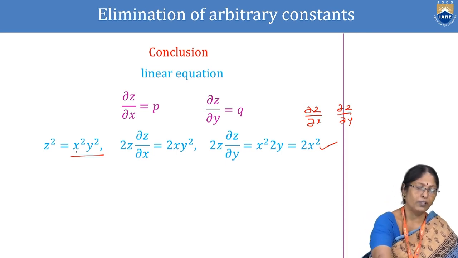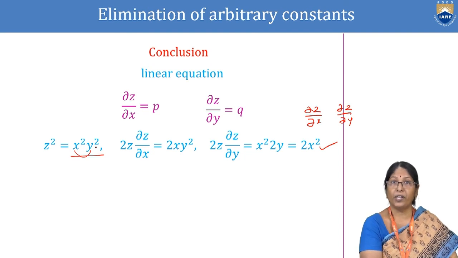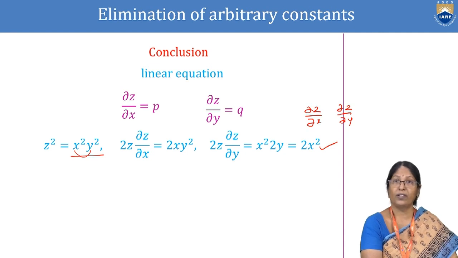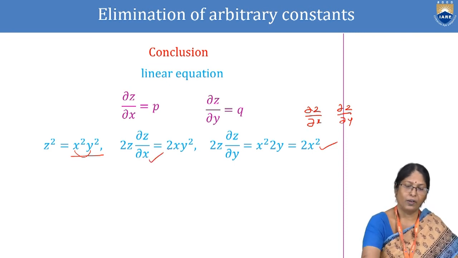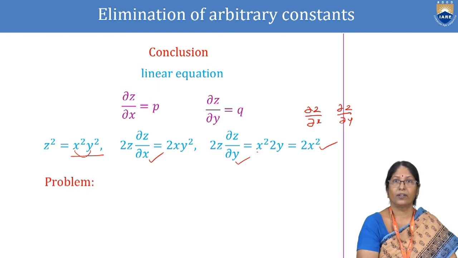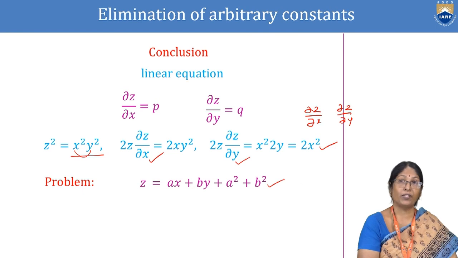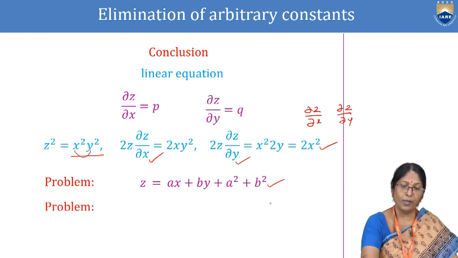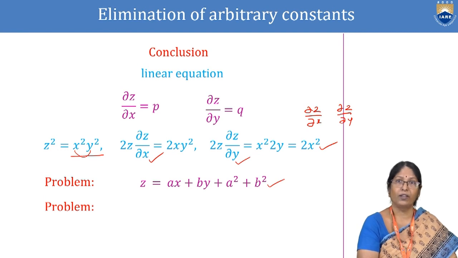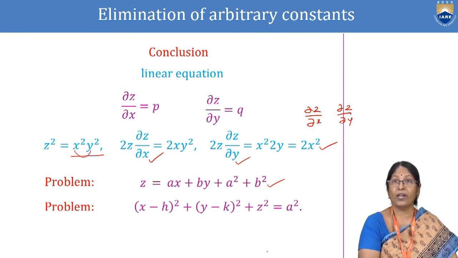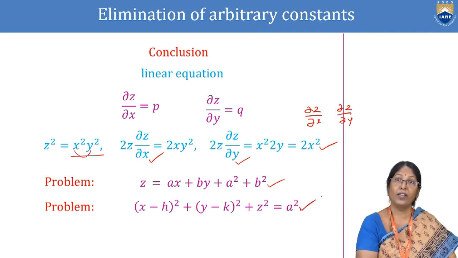In the 3 variables, which variable is dependent and which variable is independent, first we analyzed it. Then afterwards we did the partial differentiation with respect to x and with respect to y. And we have taken the problem z equal to ax plus by plus a square plus b square. We eliminated the constants a and b. One more problem we have taken, x minus h the whole square plus y minus k the whole square plus z square equal to a square. In this problem, we eliminated h and k.